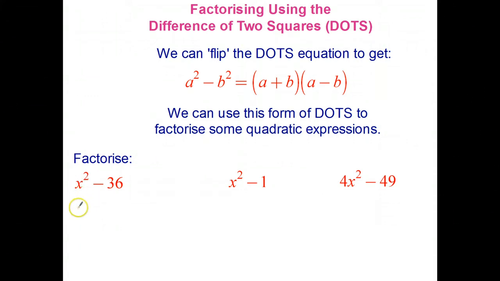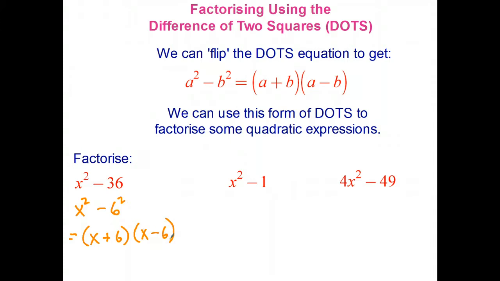So here we have x squared minus 36. So that's of the form a squared minus b squared. Okay, that's the pattern that we need just up there. And therefore that's just going to become a plus b times a take b.